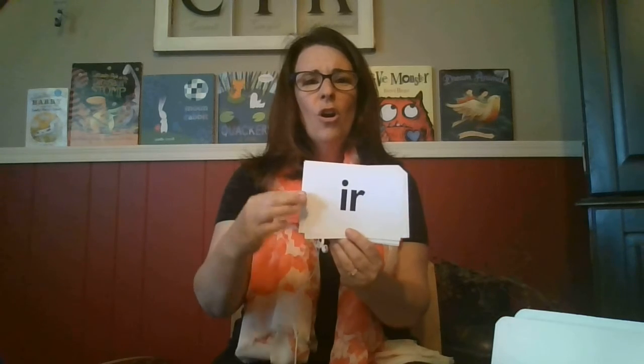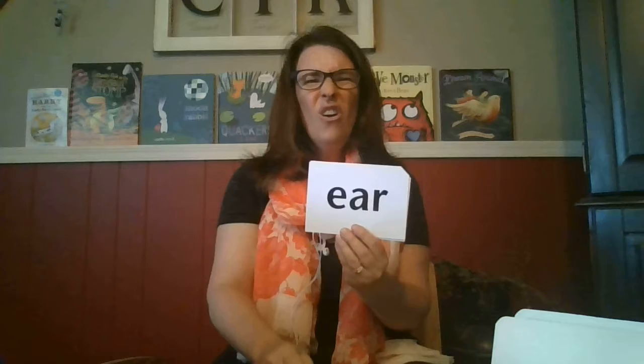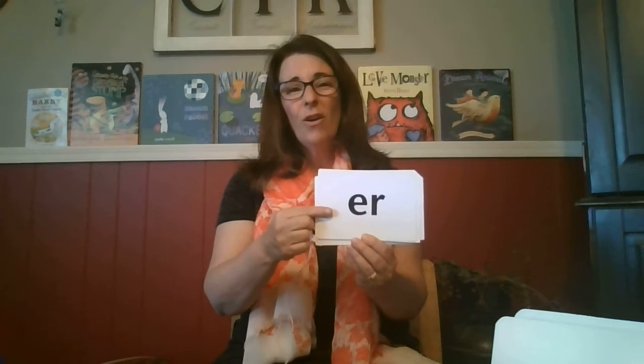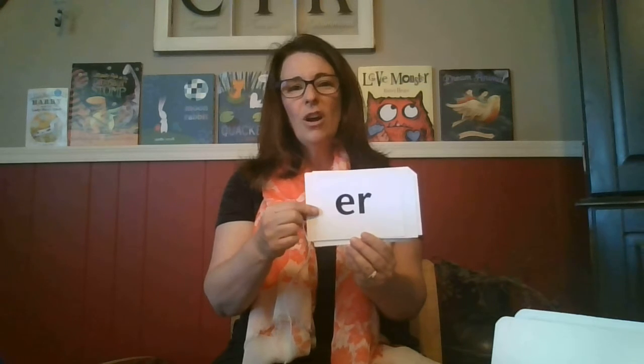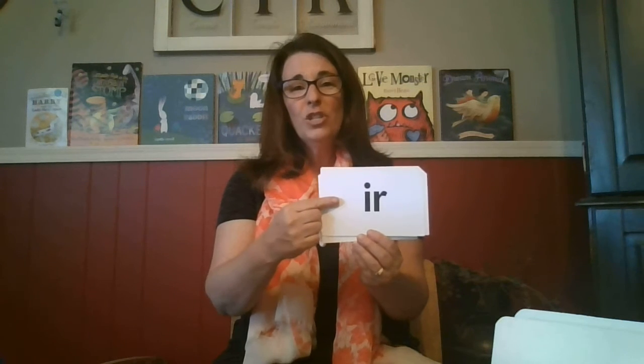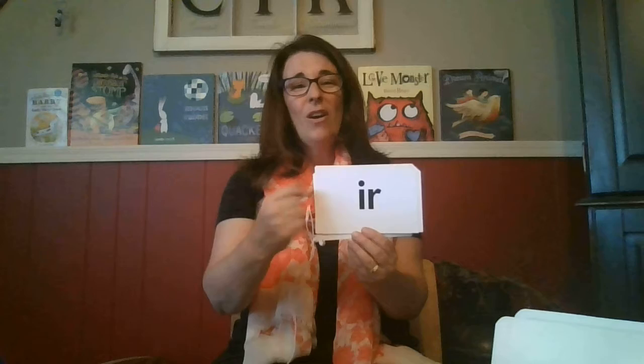We had er. One of the sounds an R-controlled syllable will make is just like all of those. Remember, we say which one it is so we know. The er of her, because her is spelled H-E-R. The er of first, because that's F-I-R-S-T.